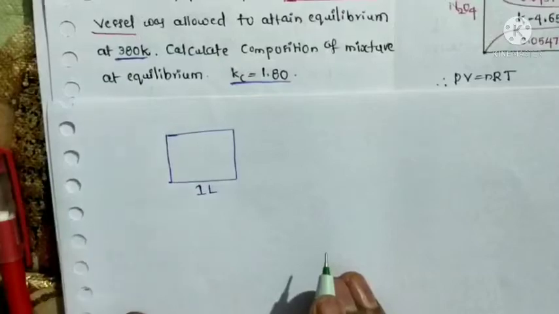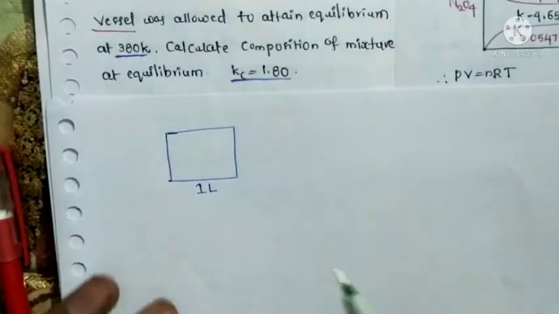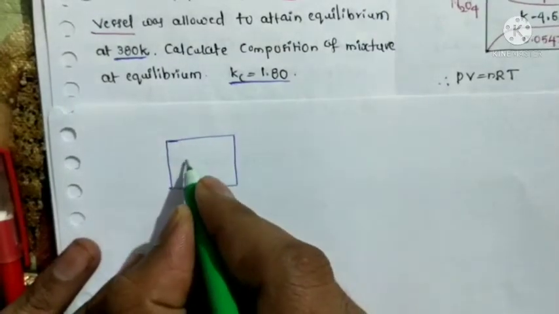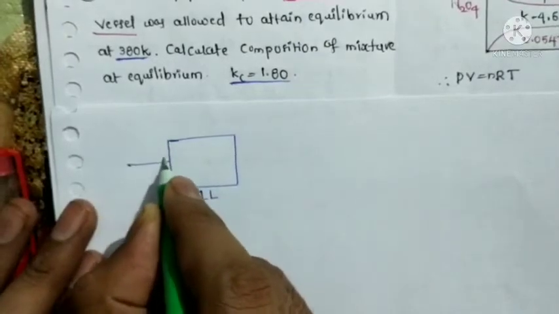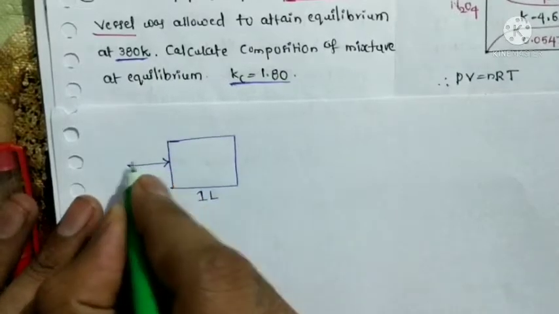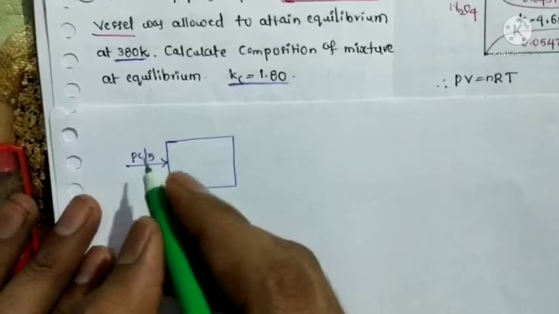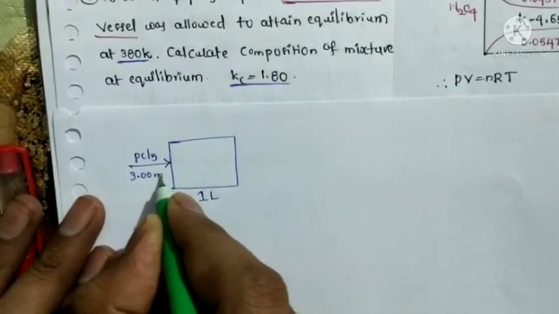How many moles of phosphorus pentachloride are taken? 3 moles of phosphorus pentachloride are given.